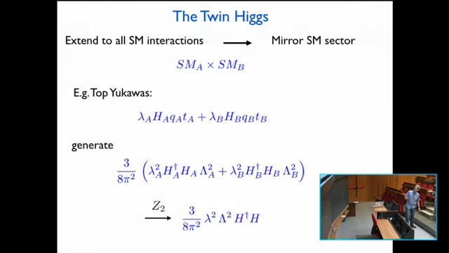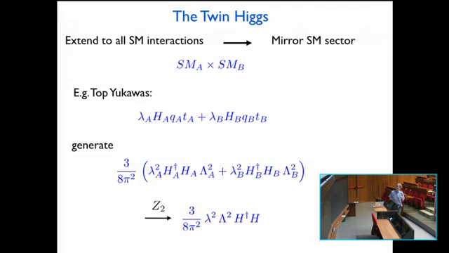For example, if you look at the top Yukawas, now you can write them in this way. In general, there is the A sector Yukawas and the B sector Yukawas that will generate these quadratically diverging contributions for the A and the B Higgs doublets. But if you impose the Z2, once again, the quadratically divergent contributions from the Yukawas are indeed SU(4) symmetric and will not affect the Higgs mass squared.